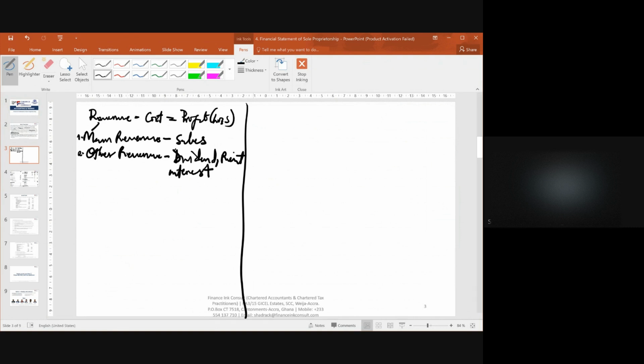Now, when it comes to cost, cost is also the same. We have one main cost, which is known as cost of sales.